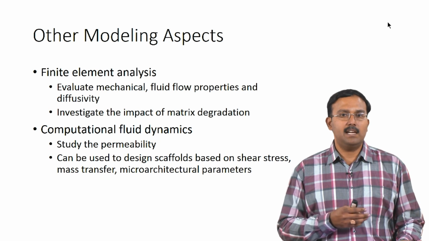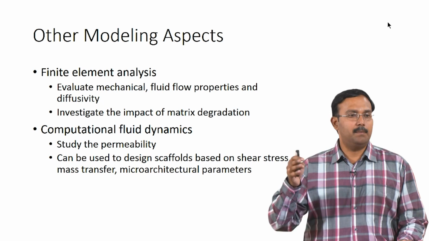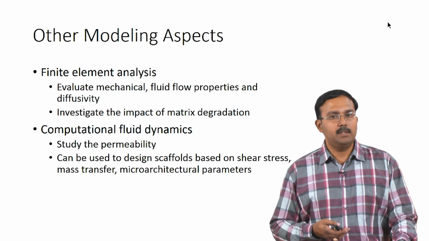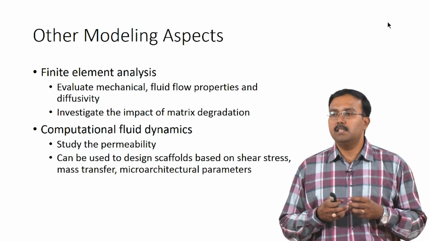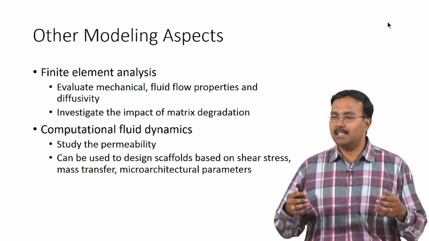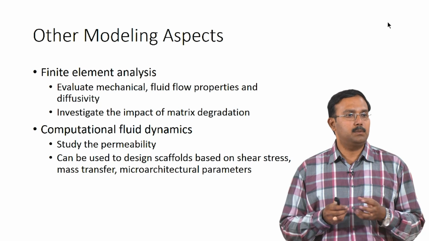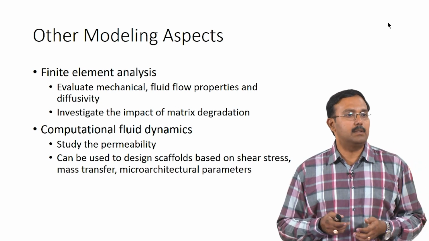You can also investigate the impact of matrix degradation, just looking at how the scaffold will actually change due to this. So, computational fluid dynamics can also be used to study the permeability, and it can also be used to design scaffolds based on the shear stress, mass transfer, and other microarchitectural parameters which would be there because of the fluid flow into the system.